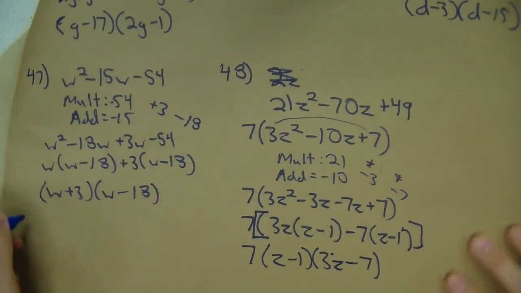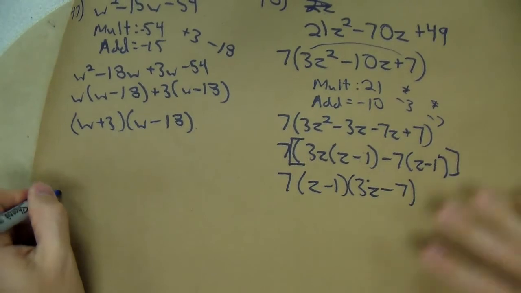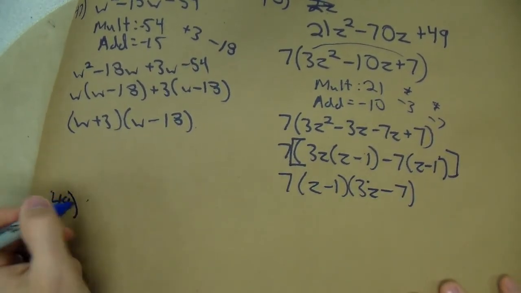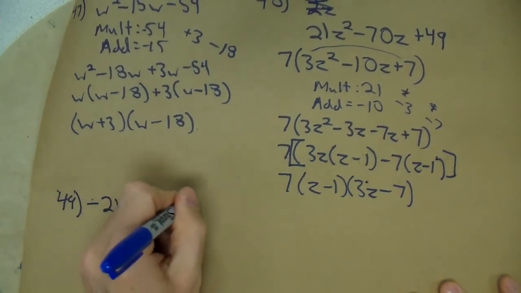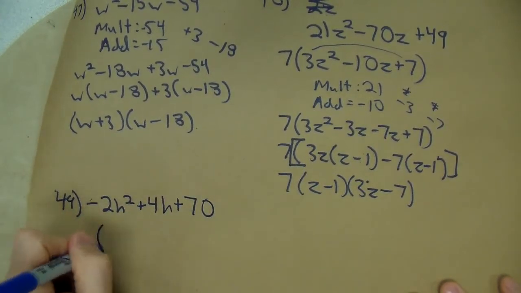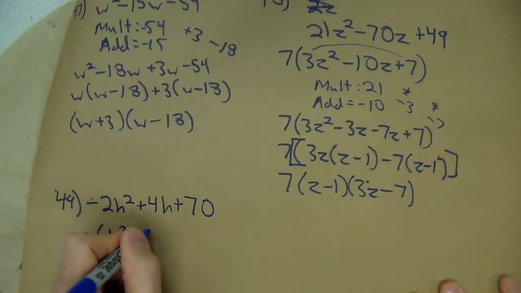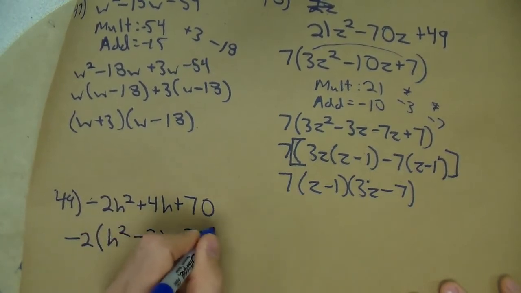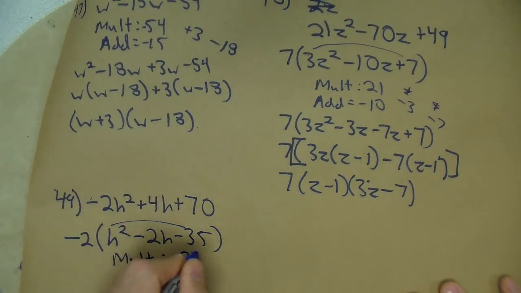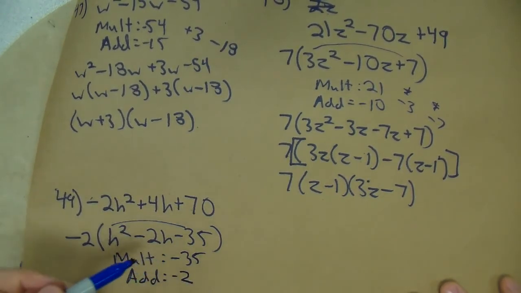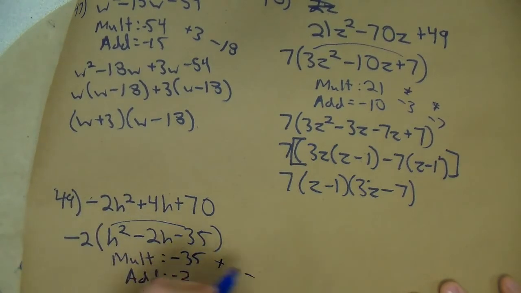For number 49, we have negative 2h squared plus 4h plus 70. I'm going to factor out a negative 2 and get h squared minus 2h minus 35. I'm looking to multiply to negative 35, add to negative 2. Since it's a negative product, I know one's positive, one's negative.